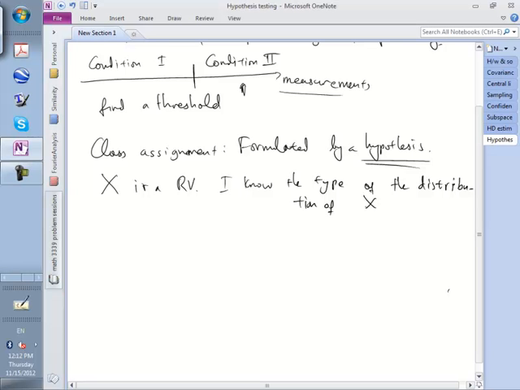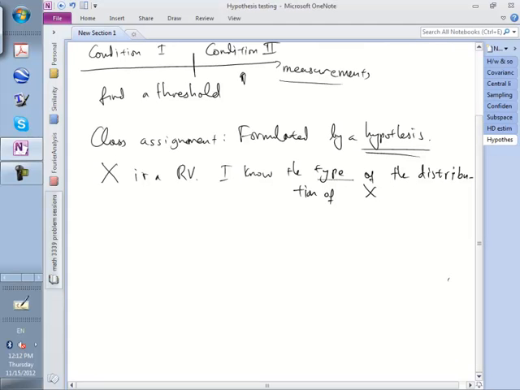In general, that is okay, or you can have some other assumption that can essentially replace that. But you know that this random variable x is going to be from one type of distribution. Even if you don't know that type of distribution, you know that it's coming from one type of distribution.